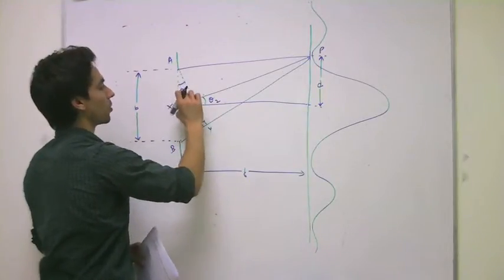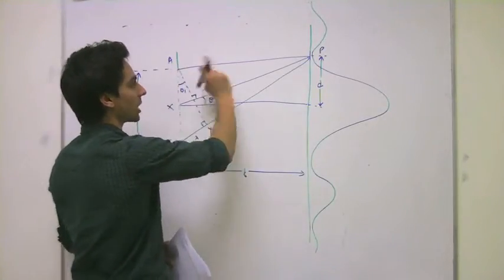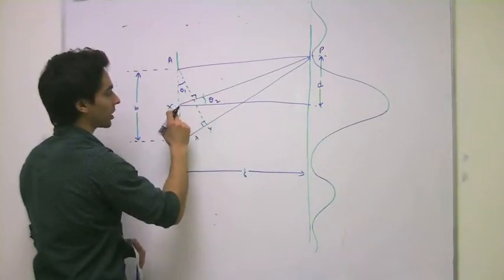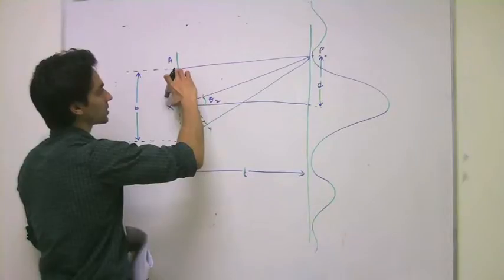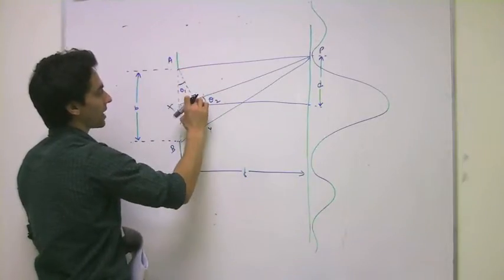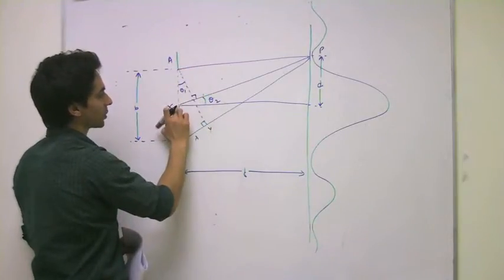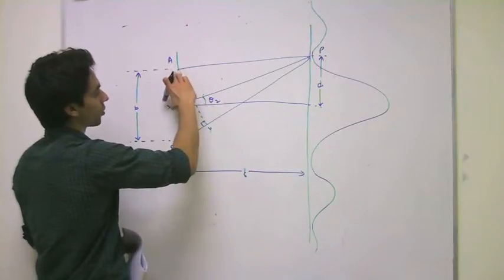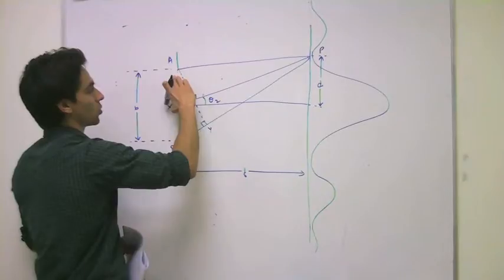Okay. Now, for destructive interference of AP and XP, this distance should be half a lambda. Now, if those 2 points destructively interfere, and the path difference is lambda by 2, then the path difference between the next point and the next point here is also lambda by 2, and so on and so forth.